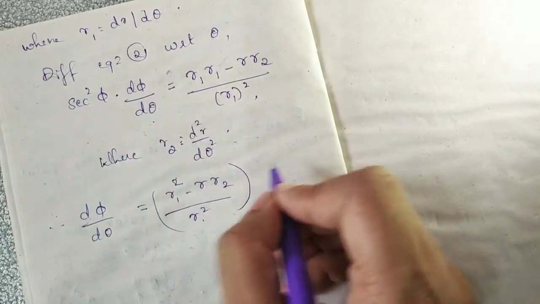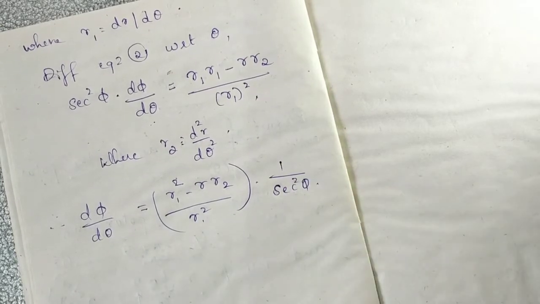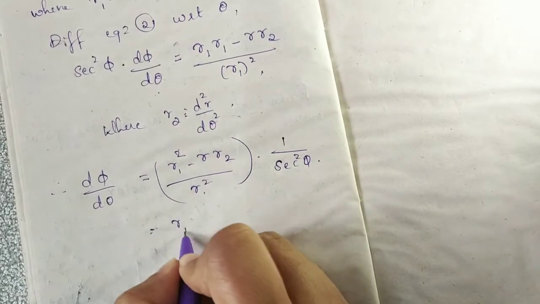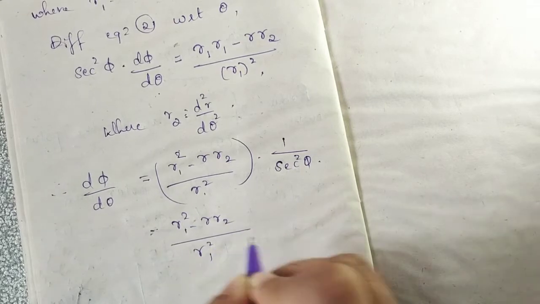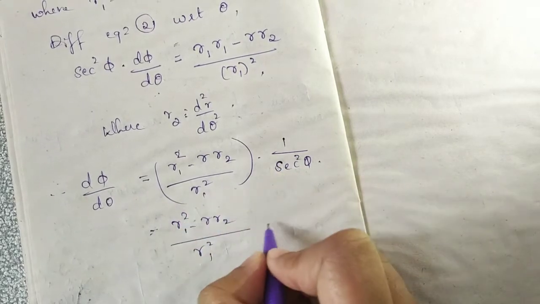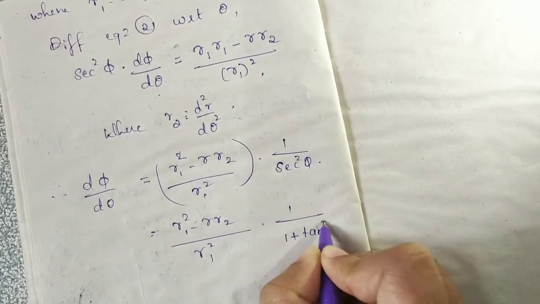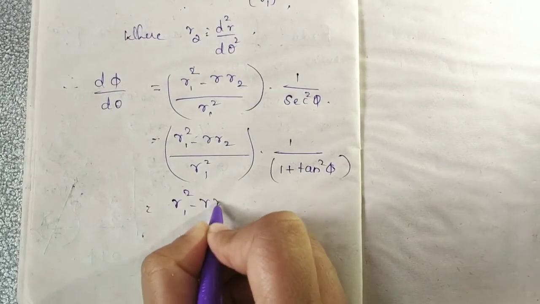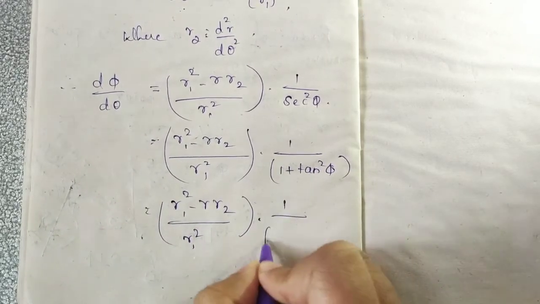Here secant square phi is there. This will be 1 divided by secant square phi. This can be written as r1 square minus r into r2 divided by r1 square, into 1 divided by secant square phi, which can be written as 1 divided by 1 plus tan square phi.